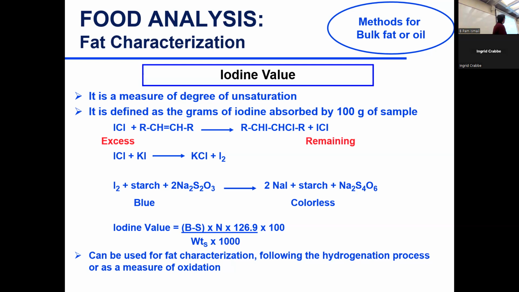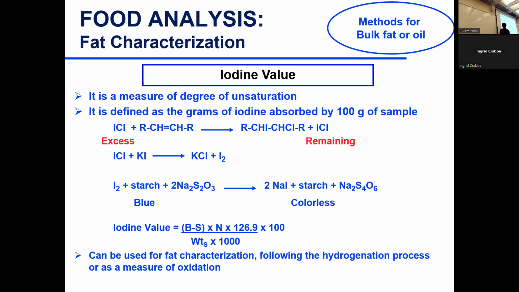All right, so some of you did this today in lab. What you would do is you get your oil, you react it with excess iodine chloride. The more double bonds you have, the more ICl will be used up. Okay, so that's something you want to remember.